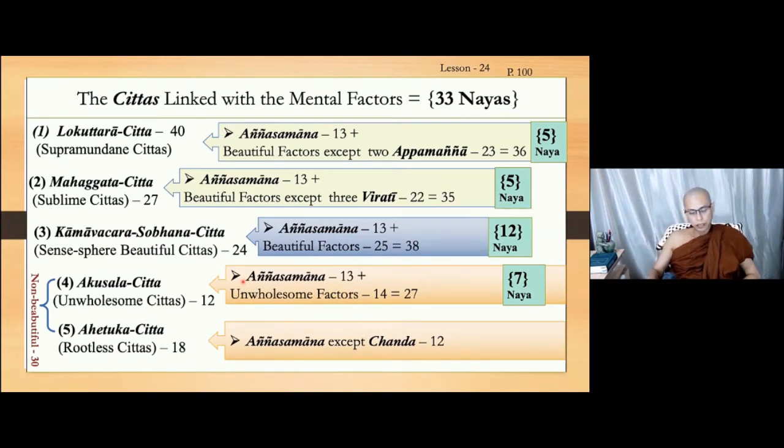If we talk about the Lobhamula, this method is used in the Alankara examination in our traditional study. In the Alankara examination, sometimes when we study the Pali Canon and commentary, we cannot identify the specific consciousness because the situation is described in a general expression.